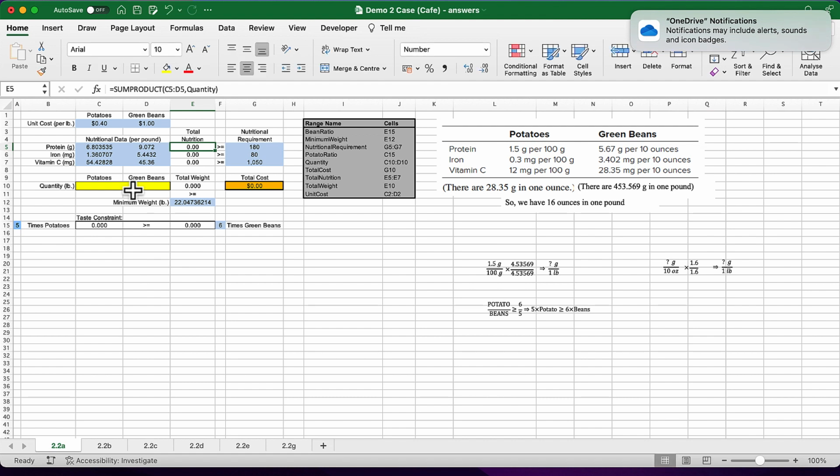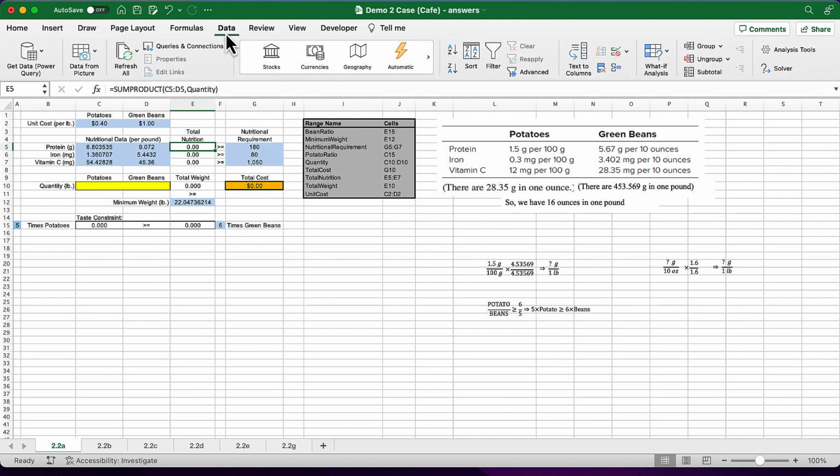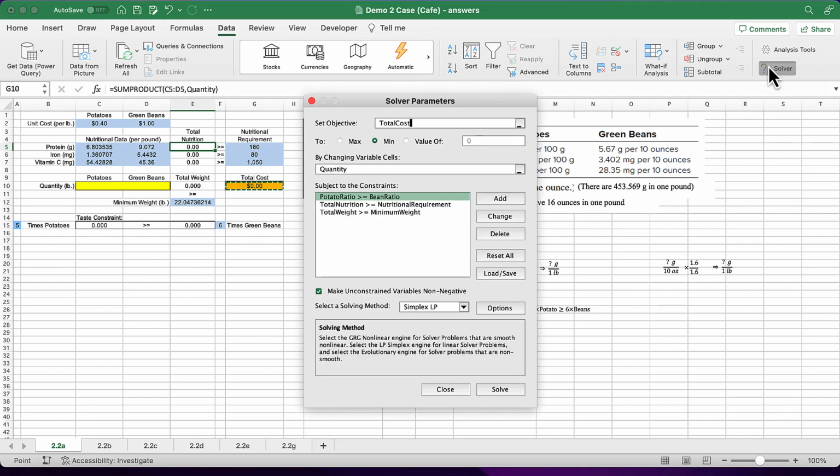So I think we're almost ready to solve this problem, using the solver to map out the various parts of the decision-oriented problem. So we always go to the data, and then on the extreme right-hand side, you'll see the solver popping up. Let me just very quickly go through how you do the mapping exercise.